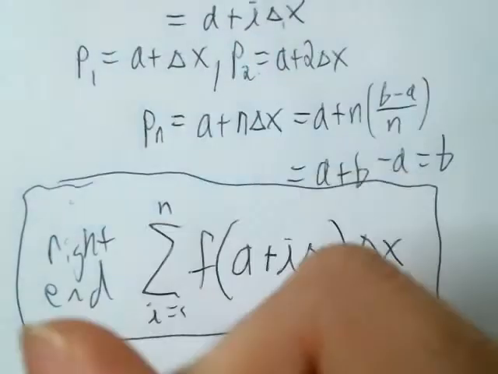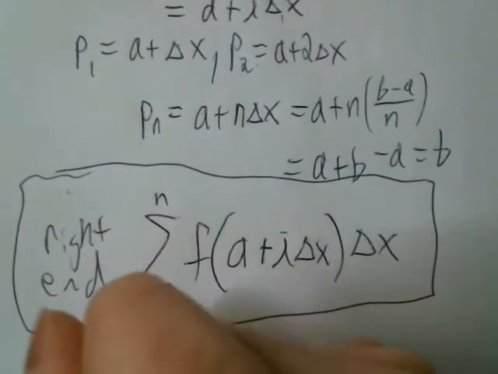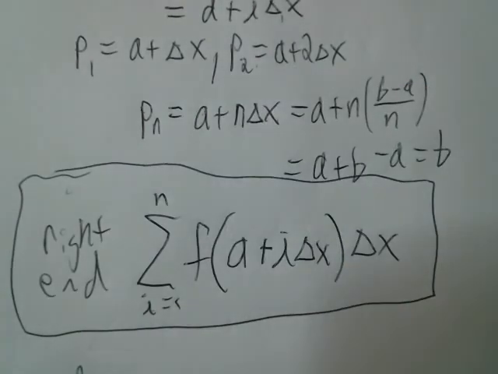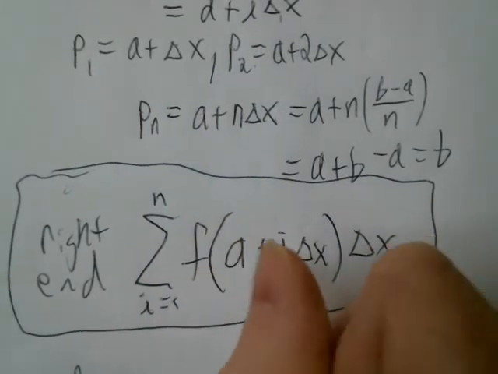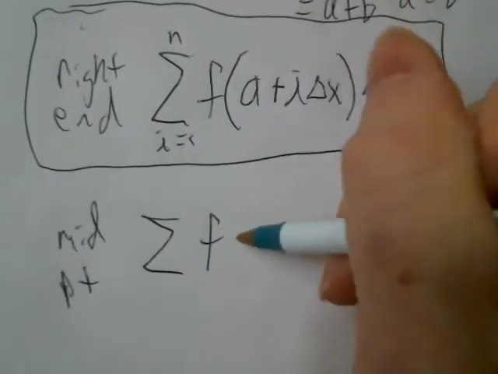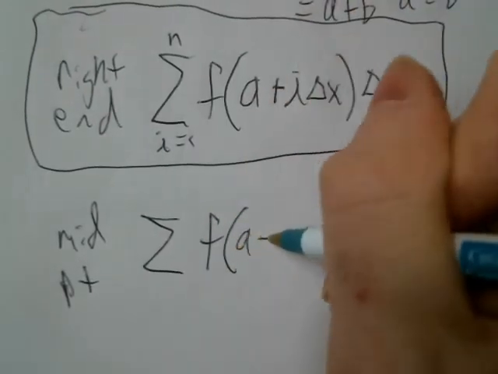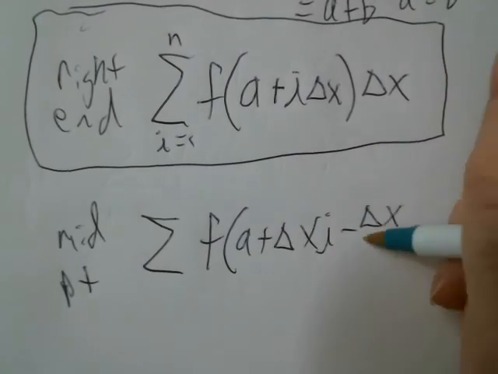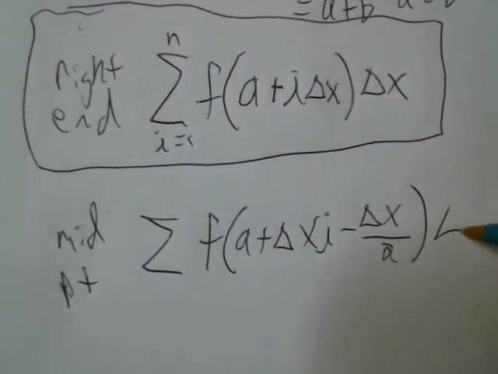You could do the same process for midpoint. Let me just give you that formula in case you don't have it. The midpoint formula is going to be the sum of f of a plus change in x sub I minus, I believe it's change in x over 2, times change in x.